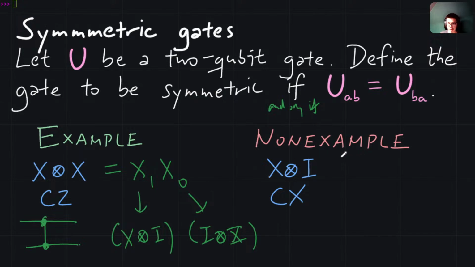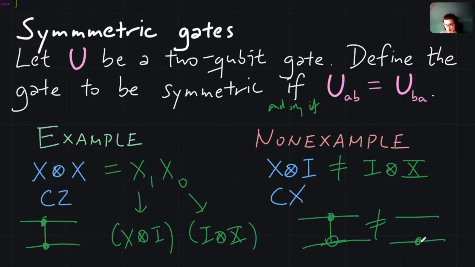This is a non-example. X tensor I does not equal I tensor X. This has already been demonstrated in a previous slide in some way. CX does not look symmetric either. This left circuit is C1X0.